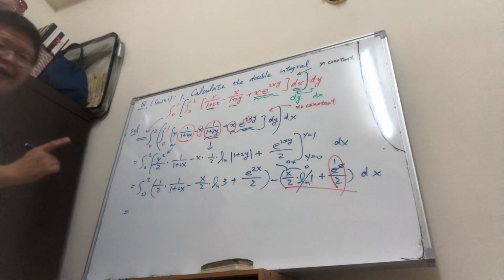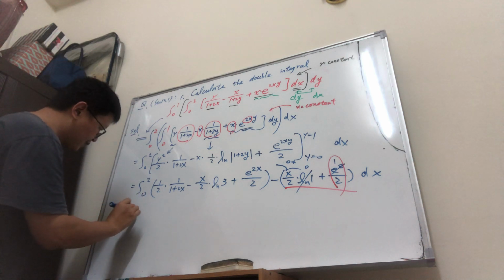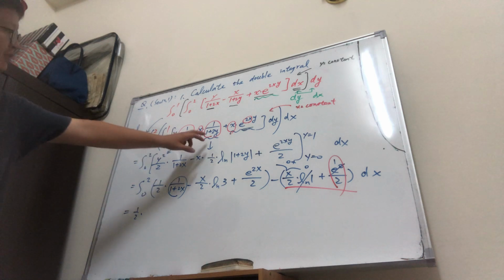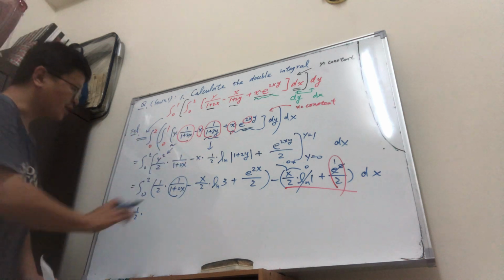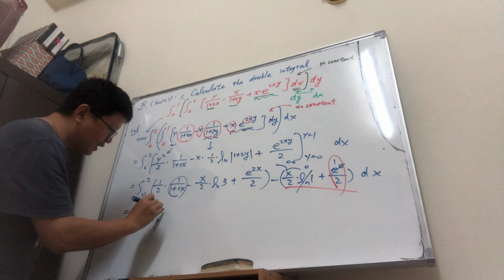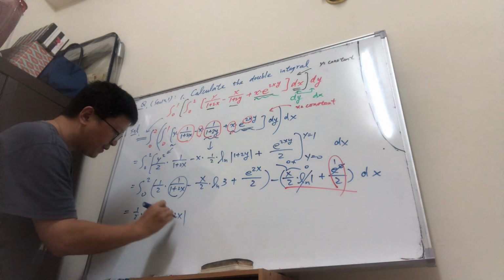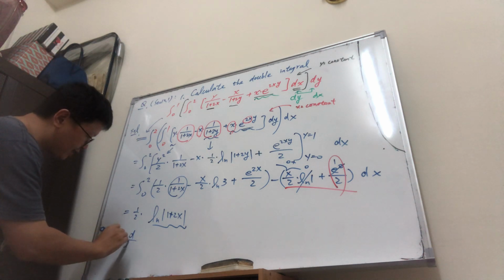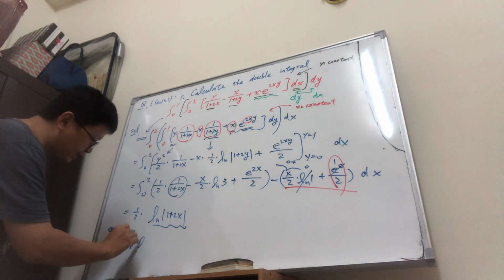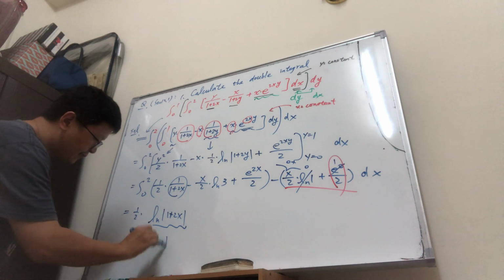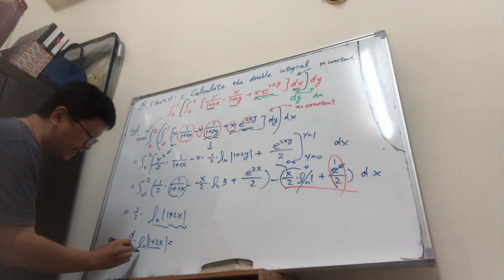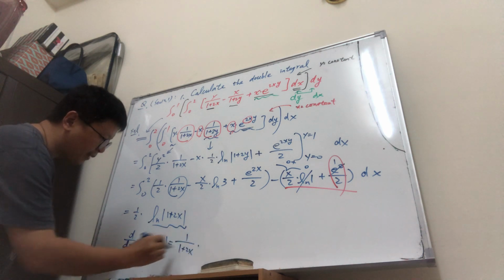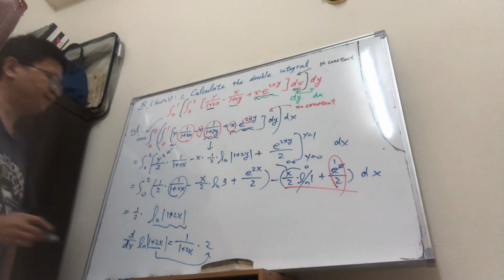Now integrate by x. So for the first term, this term's integral will be similar to this one. Its integral must be of the form natural log of 1 plus 2x. But when you consider its derivative, the outside function natural log has derivative 1 over the inside, multiplied by the inside function's derivative, 2.